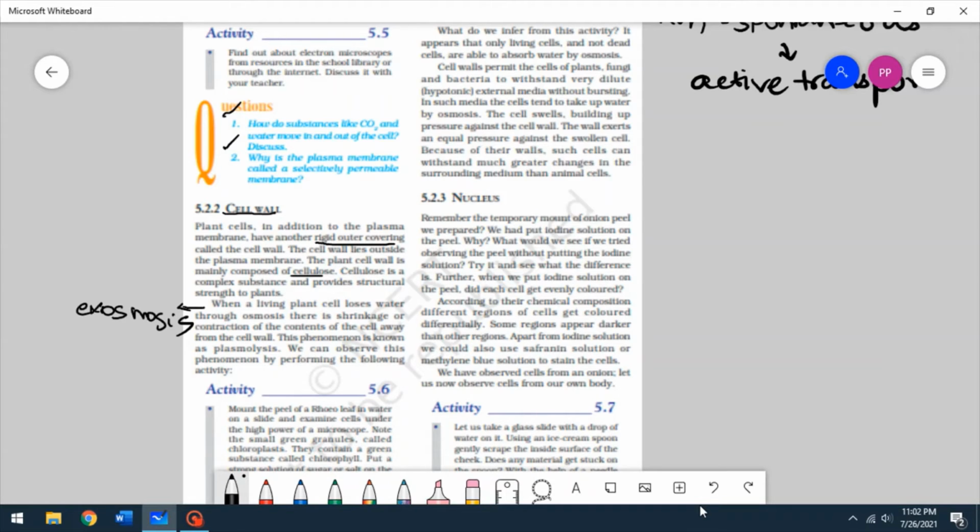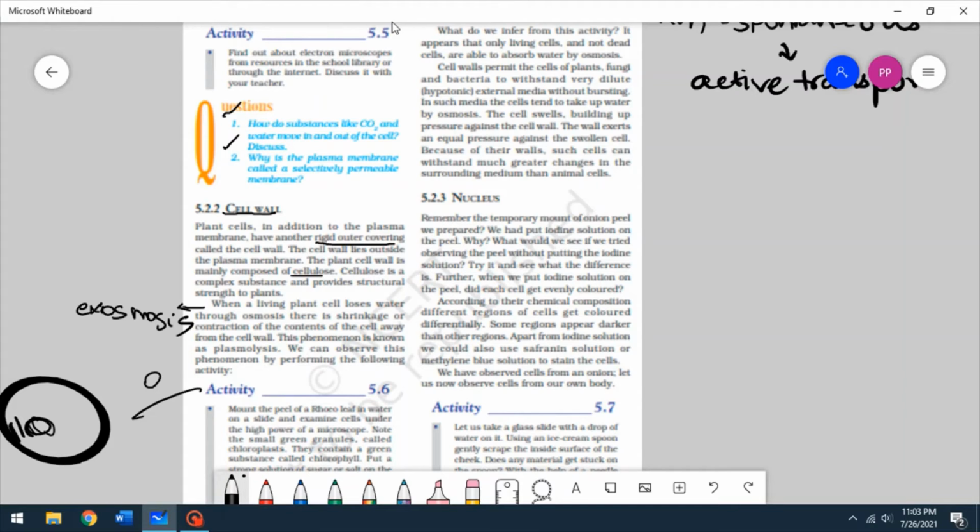It will shrink, and that is because of exosmosis, because you're taking apples from inside the bag to outside the bag, maybe from a region of higher concentration onto a table where there are no apples. If there are 10 apples in the bag and 0 apples on the table, this is a region of higher concentration, this is lower concentration. So as you remove apples, the bag will shrink, right?